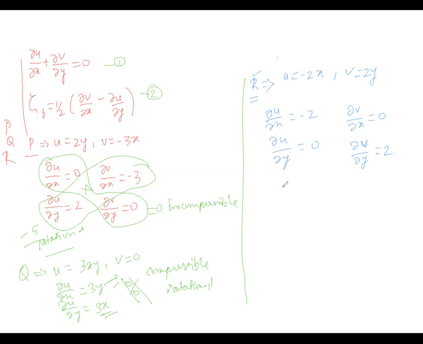If you consider the continuity equation, the summation of dou U by dou x plus dou V by dou y is equal to 0. Minus 2 plus 2 is 0, so it is incompressible.